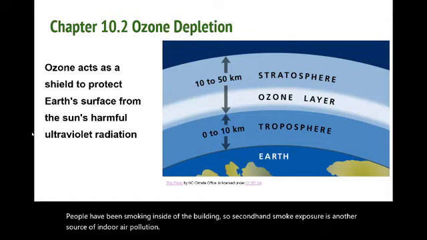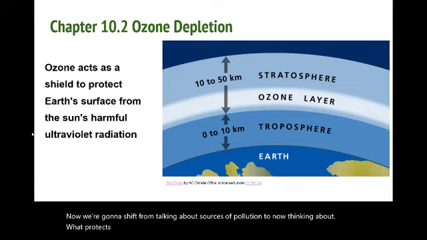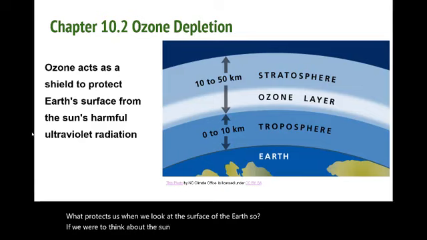Now we're going to shift from talking about sources of pollution to now thinking about what protects us when we look at the surface of the Earth. So if we were to think about it, the sun produces a lot of harmful UV rays. Those UV rays are referred to as ultraviolet radiation.